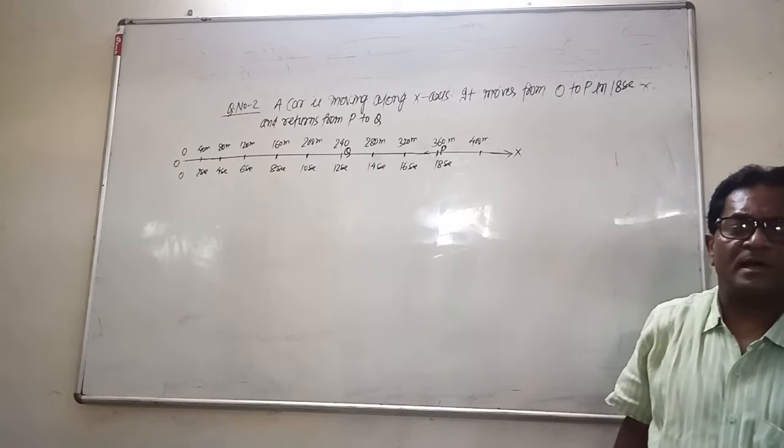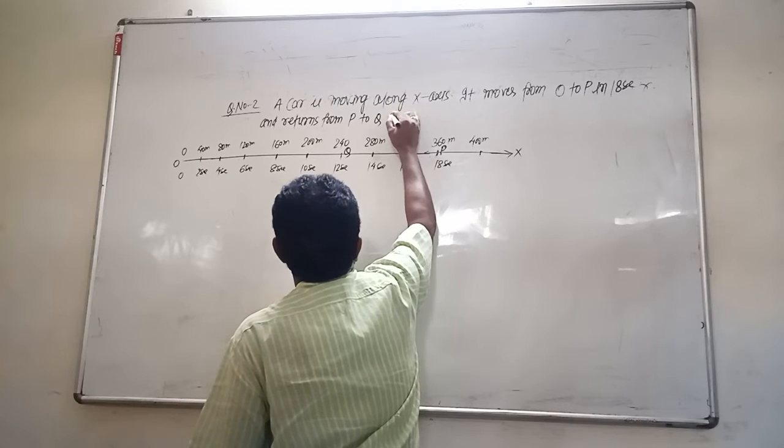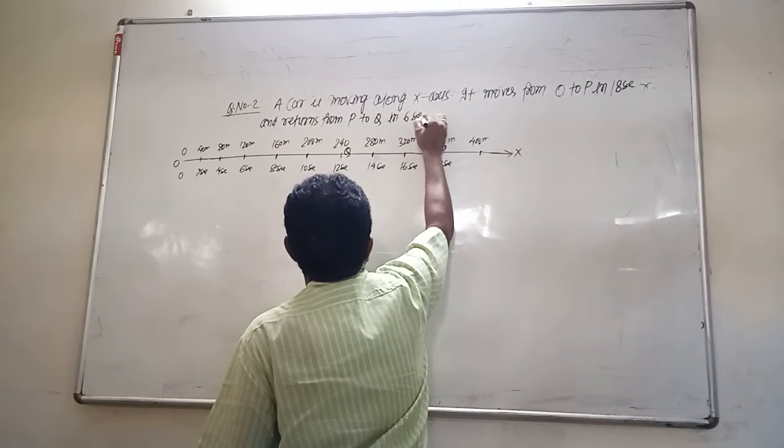So what is the average velocity and average speed from P to Q in 6 seconds?